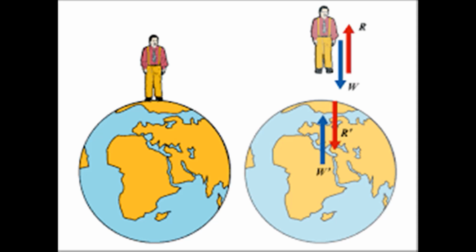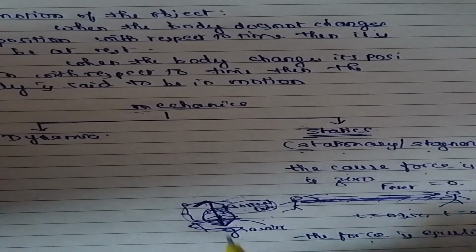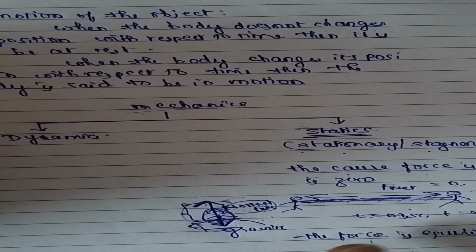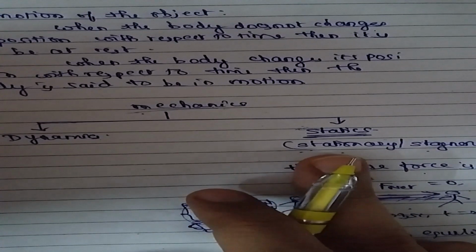The types of forces we will discuss later. The magnitude of this normal force and this gravitational force are both equal. So there is equilibrium of the forces, and you will be at rest. The net force on the body is equal to 0. If you are in equilibrium, the net force on you is 0. Therefore the body is at rest.